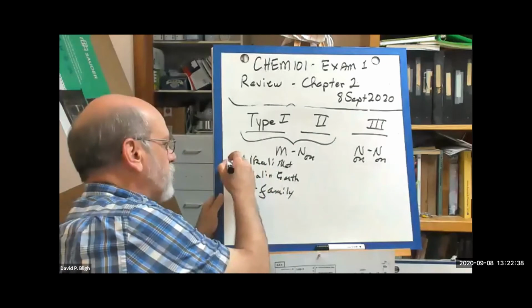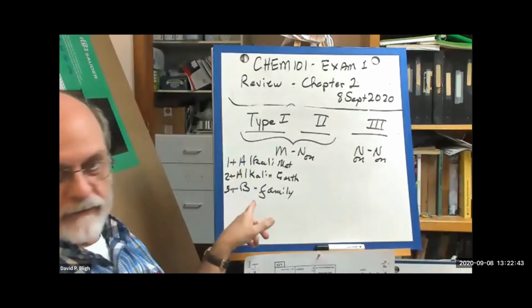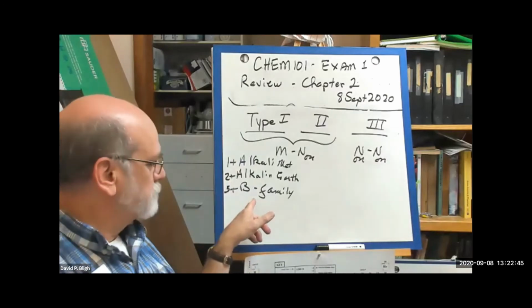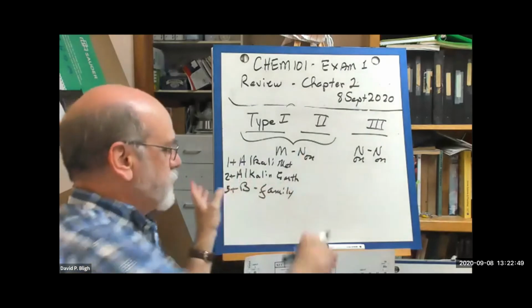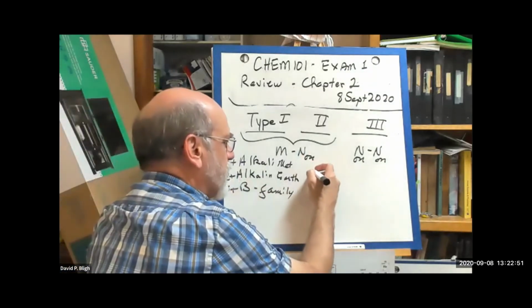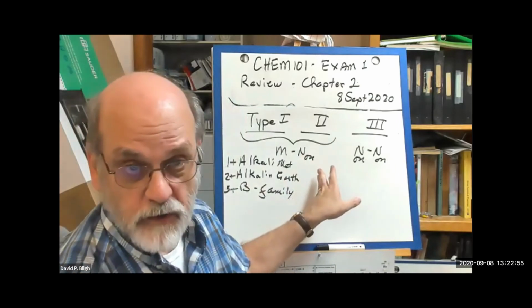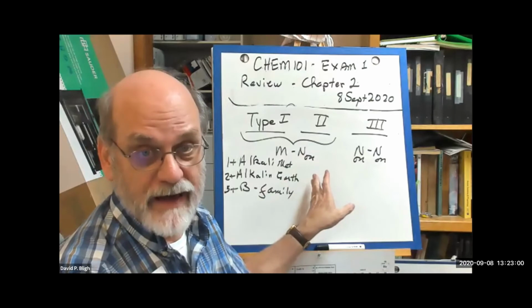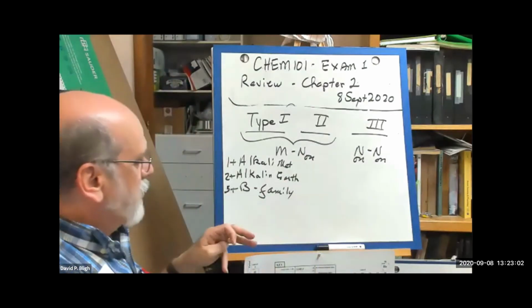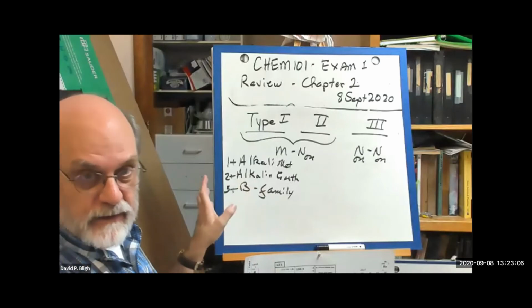This is +1, this is +2, this is +3. And then the nonmetals are whatever. If they're halogens, they're 1-. If they're chalcogens, oxygen group, they're 2-. If they're pnictogens, nitrogen group, they're 3-. And that's all you need to know to write the compound and name it.